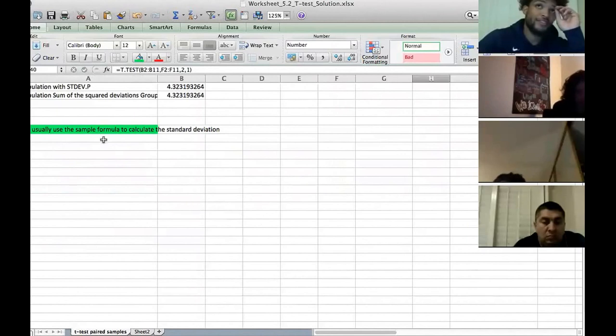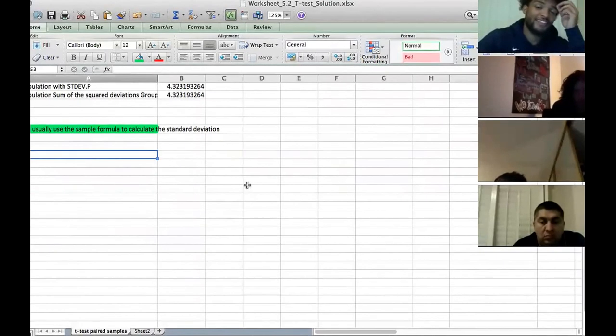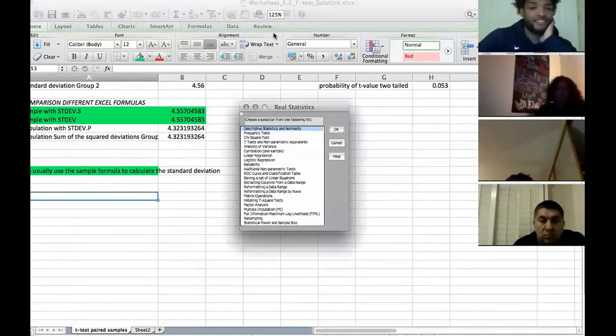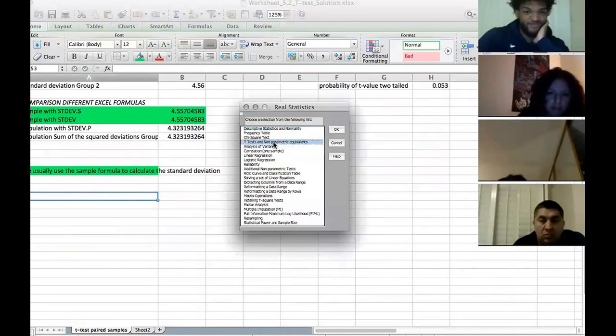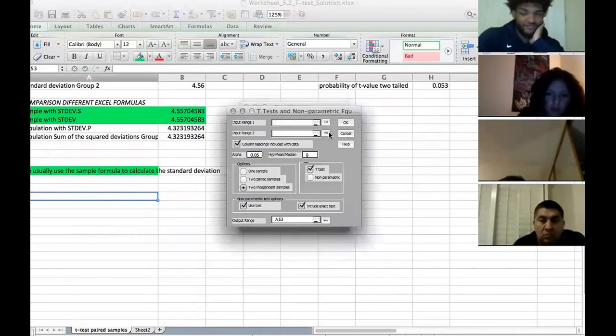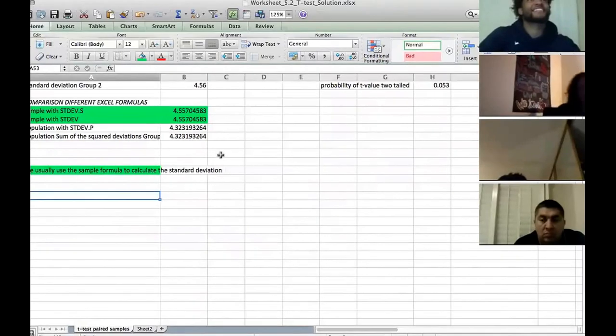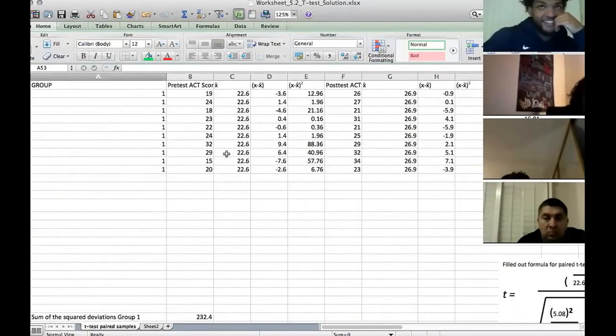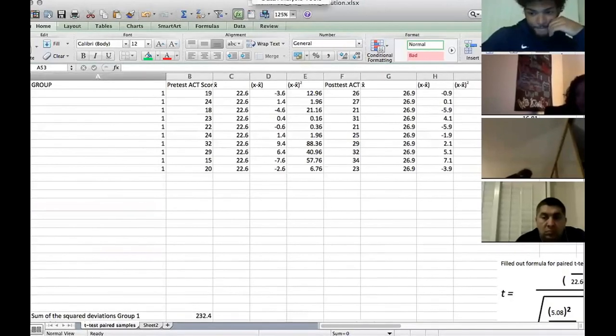So let me use the Real Statistics tool, and I hope that goes a little bit smoother here. So the data analysis tool, t-test non-parametric, I hit OK. Now we want to say, okay, which ones of these do you want? I'm going to come up here so that I actually see what I'm doing.